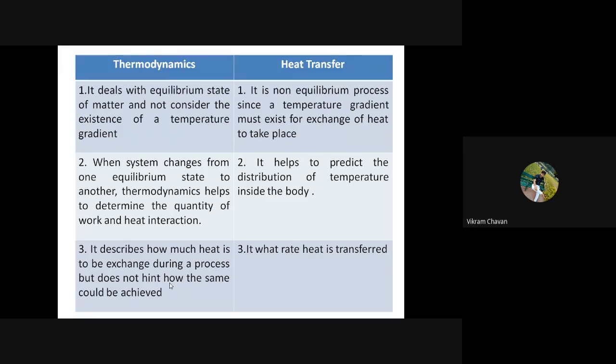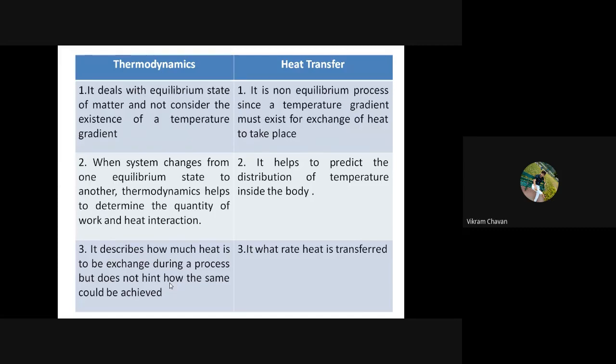Thermodynamics tells us how much heat energy or quantity of work is interacted during the change of state, but it will not tell us the temperature distribution in the body, whereas heat transfer tells us the distribution of temperature inside the body.